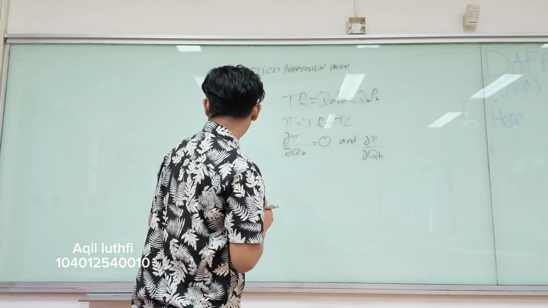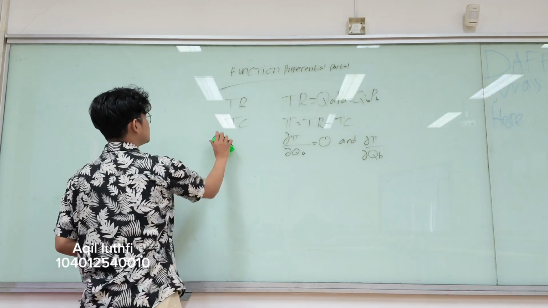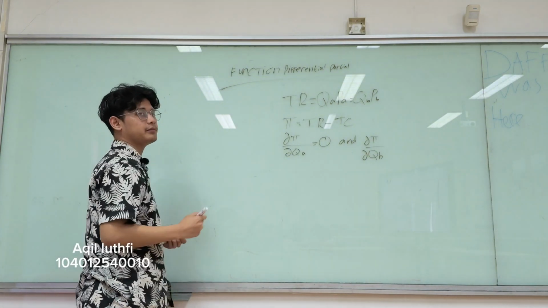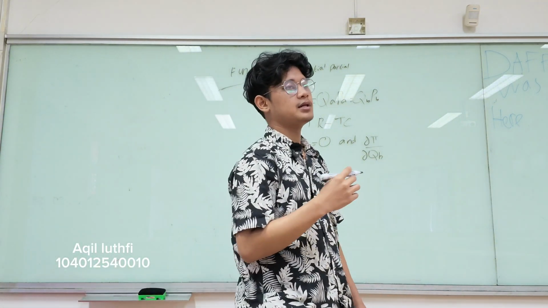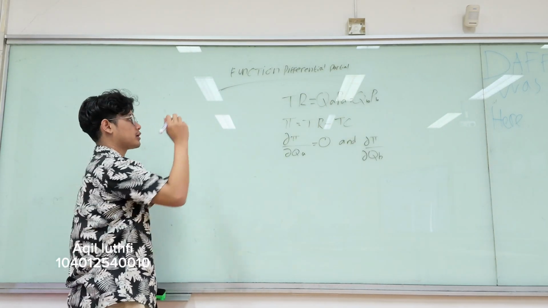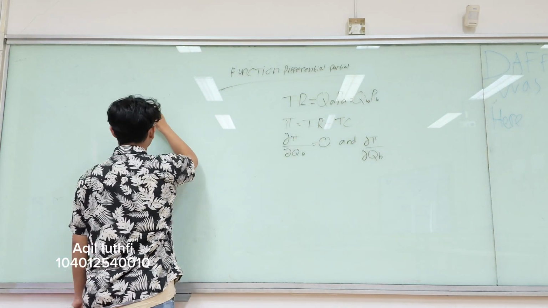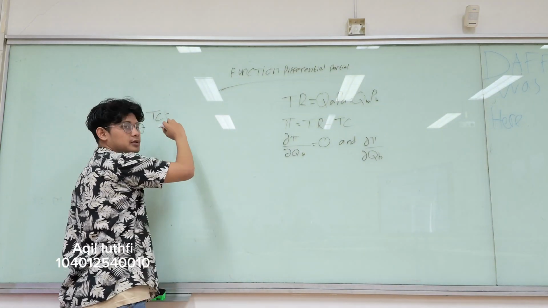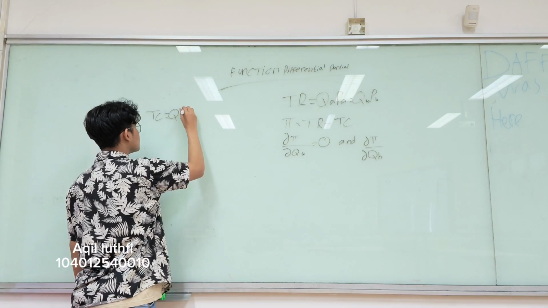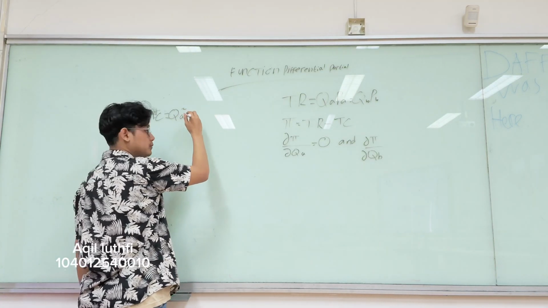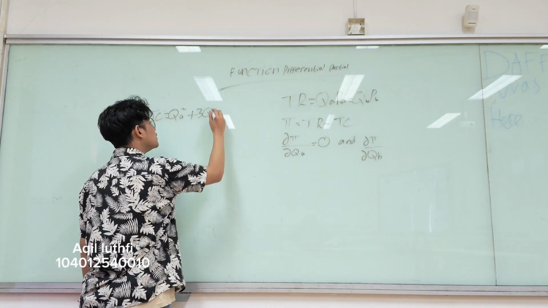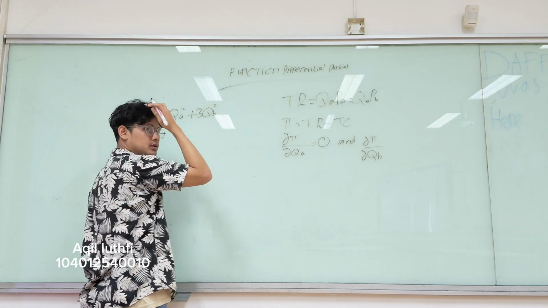So after we know the formula, let's go on to the problem, and I use an example for this material: TC equals Q A squared plus E squared plus.